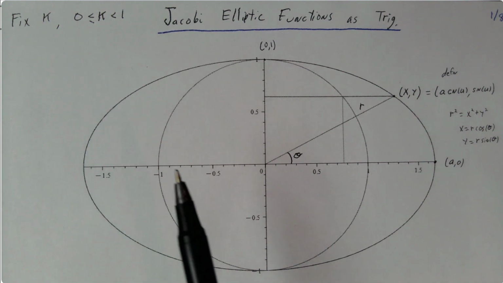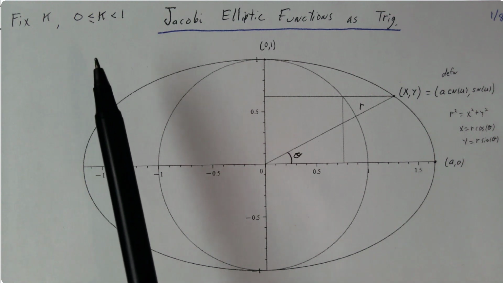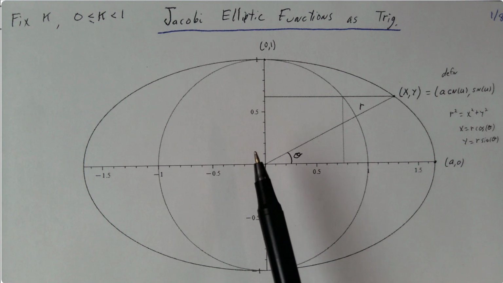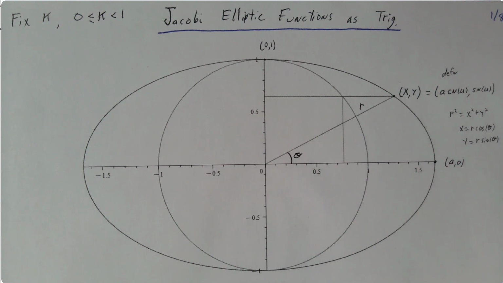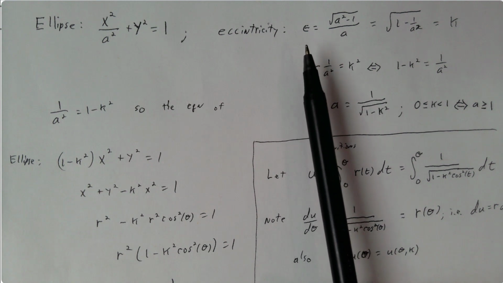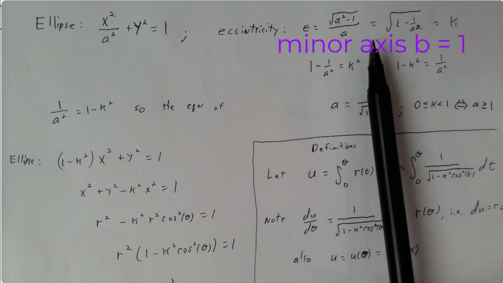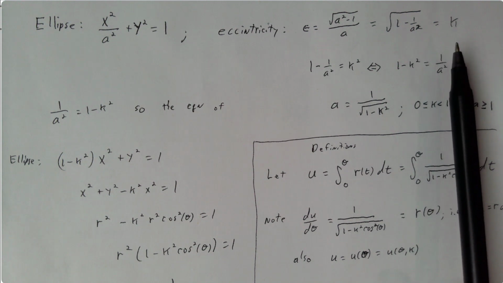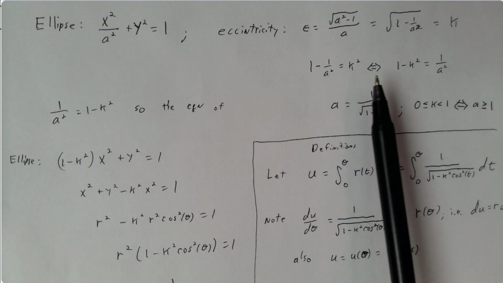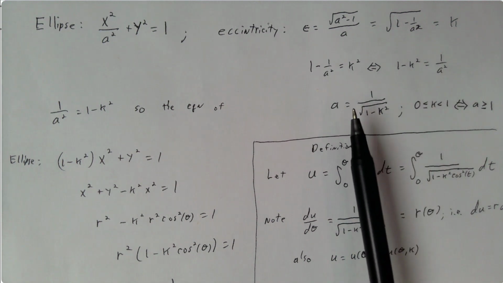And then I've got these equations. An ellipse gives a value of k, which will be the eccentricity, or conversely, if I start with k, it will give me the eccentricity, which will give me a. The eccentricity of the ellipse with minor axis b is this, and that'll be equal to k. Conversely, I can solve for a in terms of k.